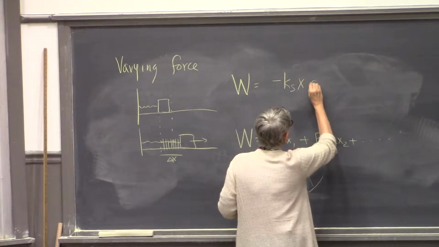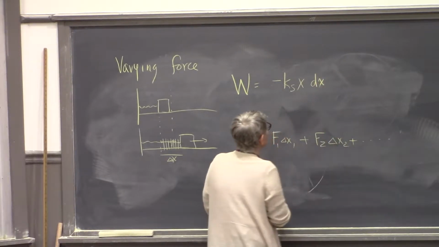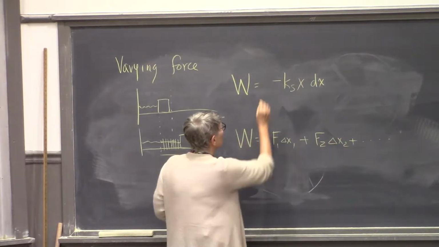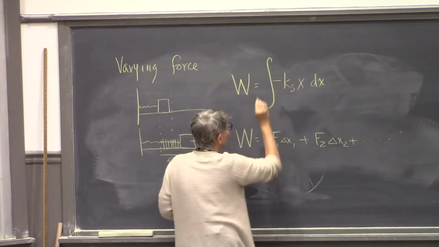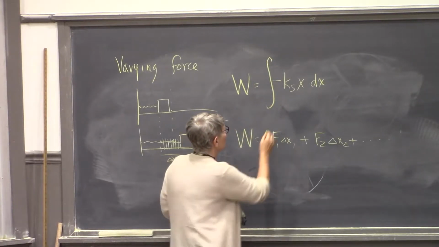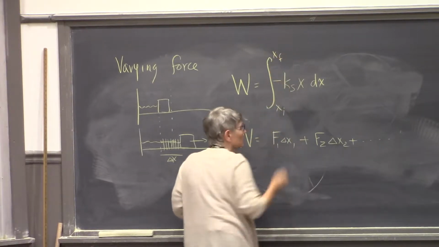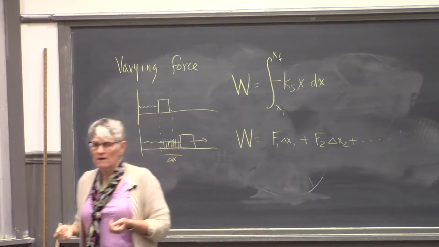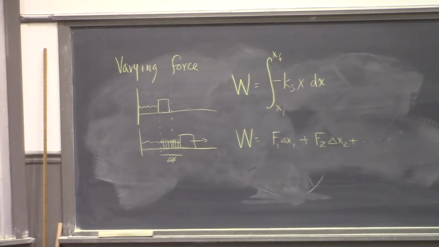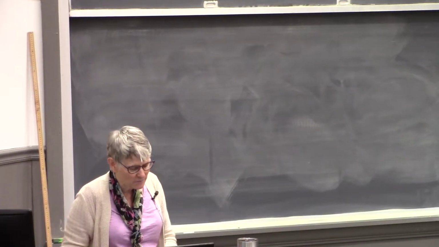And if we take little dx steps, then we could convert this to an integral from the initial x to the final x. And we can always write this as an integral. Whether we can evaluate it analytically is a completely different issue.